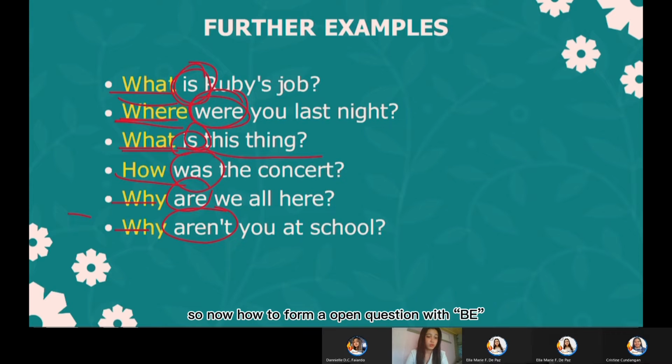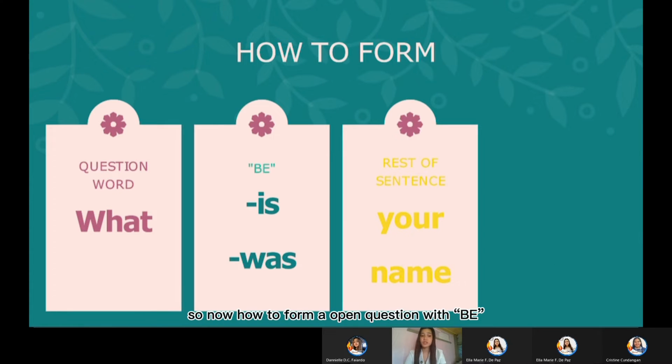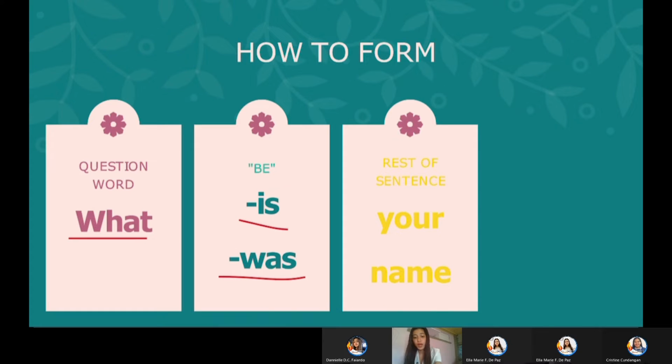So now, how to form an open question with be. First, the question word like what, where, how, why will be at the beginning of your question or sentence. Then you need the be or the main verb like is, was, and the rest of the sentence.